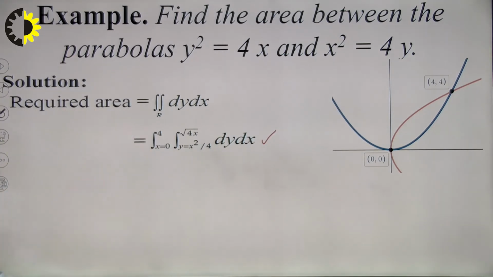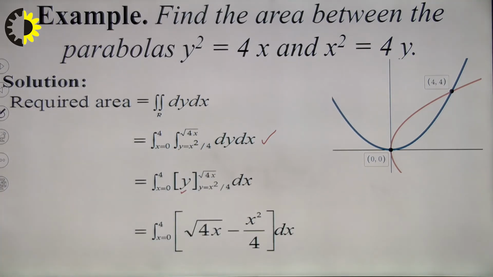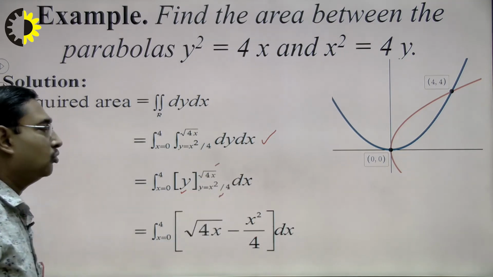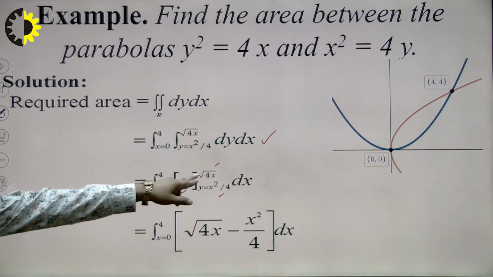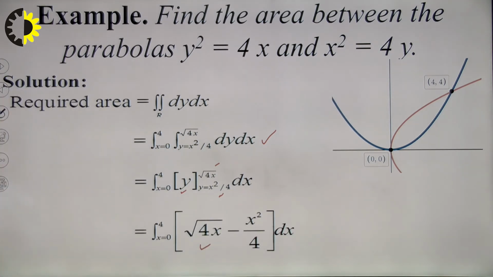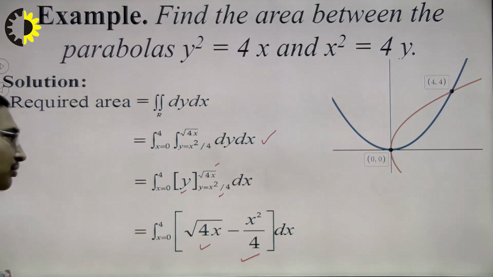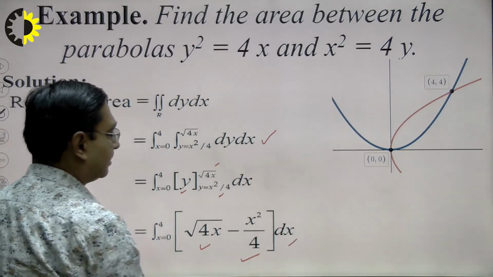Integrating this with respect to y, we will get this expression: dy when integrated will give y. Limits of y are from x square upon 4 to root 4x. Applying upper limit, it gives root 4x. Applying lower limit, it gives x square upon 4, dx unchanged.